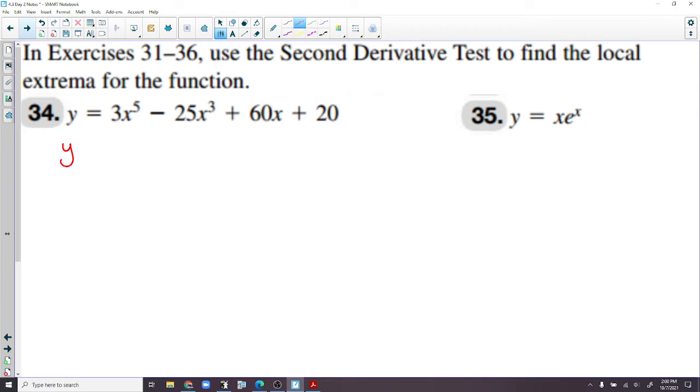Here we go. So y prime is equal to 15x to the fourth minus 75x squared plus 60. We can set that equal to 0, but we can factor out a 15: x to the fourth minus 5x squared plus 4.